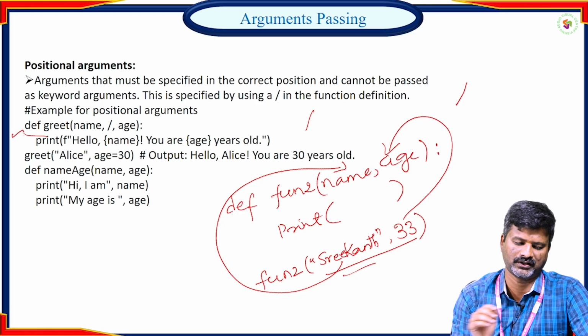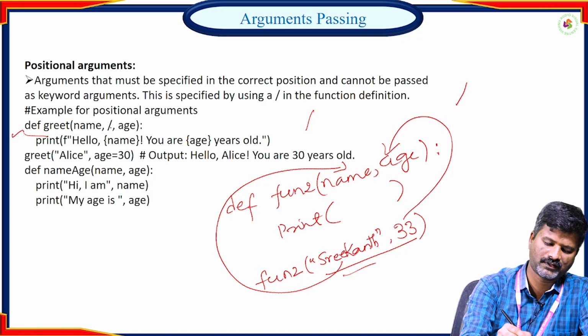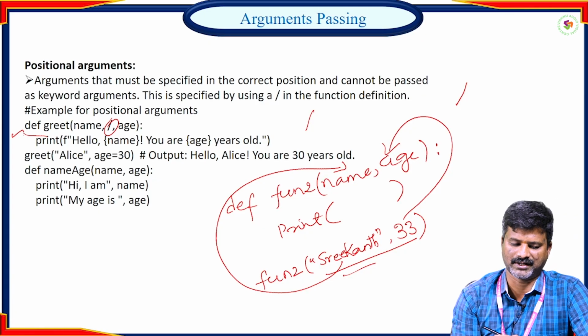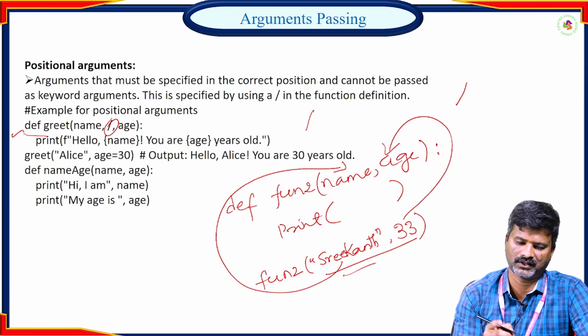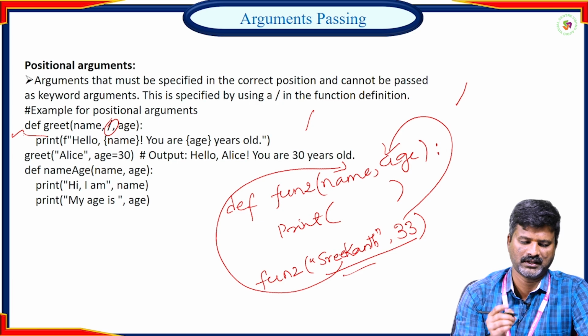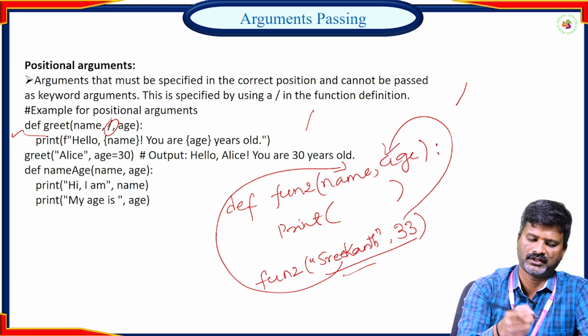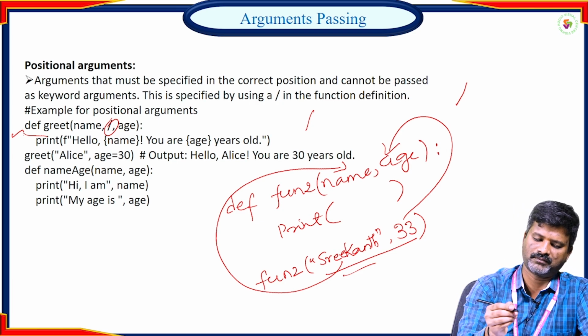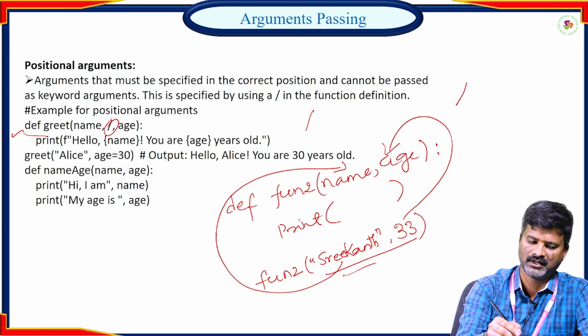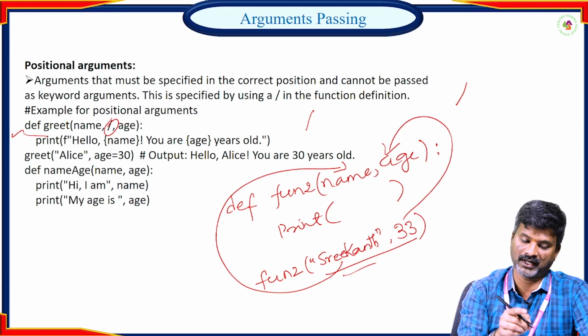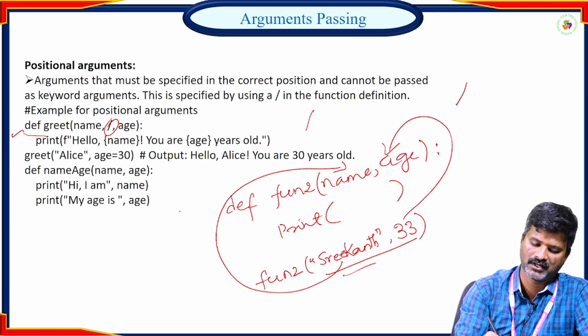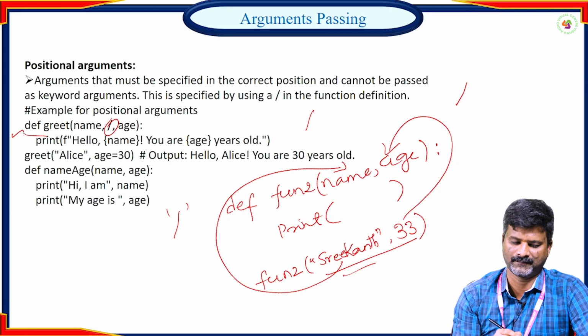This is the order you need to follow, and for that reason we use this /. Name is the positional argument, and to separate it from age, we use the / symbol.